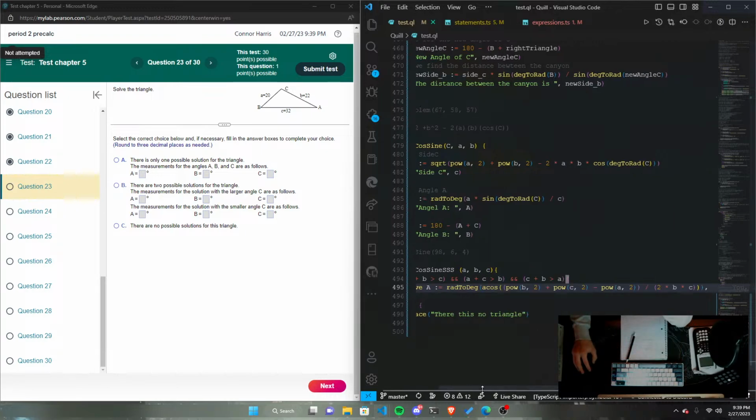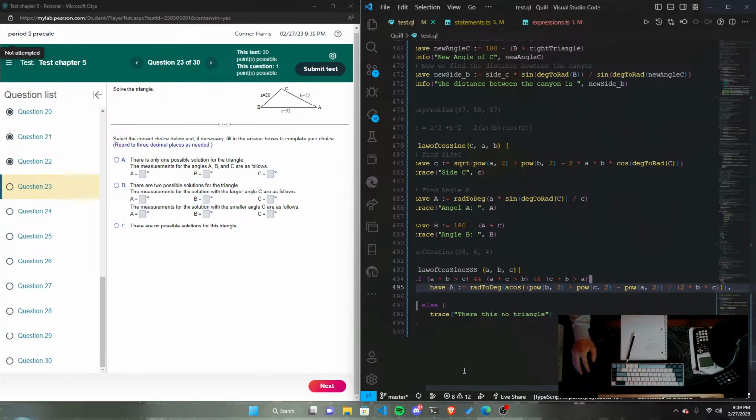So basically, to find the angle, because we're only given the sides, we need to use the law of cosines of the sides outside, so we use the same formula we were using before.